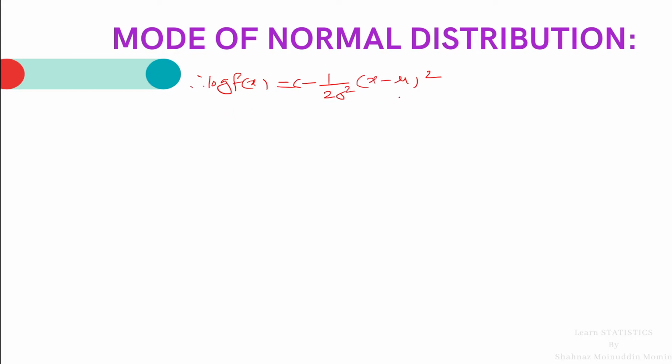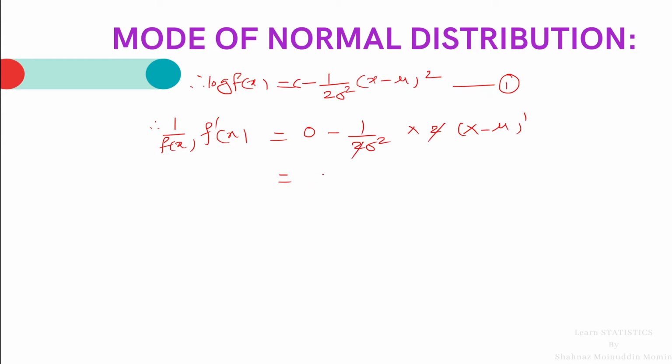We will differentiate this equation 1 with respect to x. We get 1 upon f(x) into f dash x is equal to 0 minus 1 by 2 sigma square into 2 into (x minus mu) raised to 1. So 2 get cancelled, minus (x minus mu) divided by sigma square.